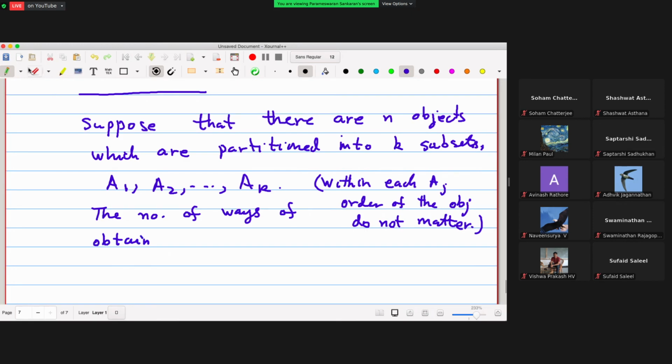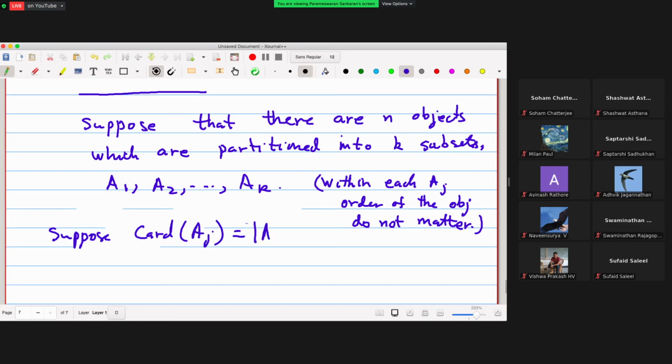So before I talk about that, let me just suppose that the cardinality of Aj, sometimes I write like this, mod Aj, is equal to lambda j. Because it's a partition, they are all pairwise disjoint and exhaust the whole thing, so the sum is equal to n.